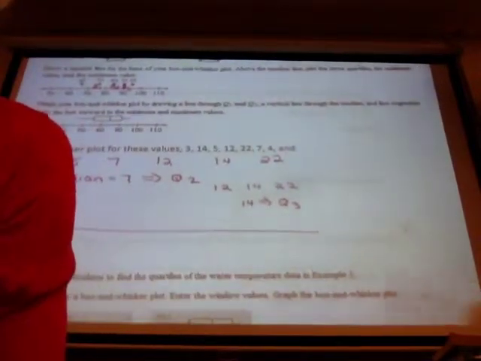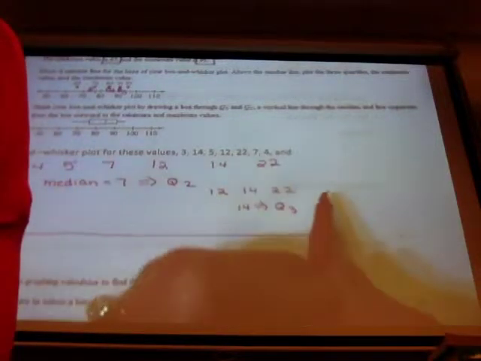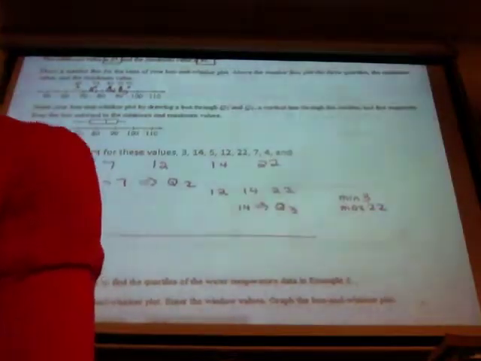Now I draw a graph. I zoomed in so much. And it's 3 to 22. Okay, I should also put that. My minimum is 3. My maximum is 22. And I'm going to go up by 2s.